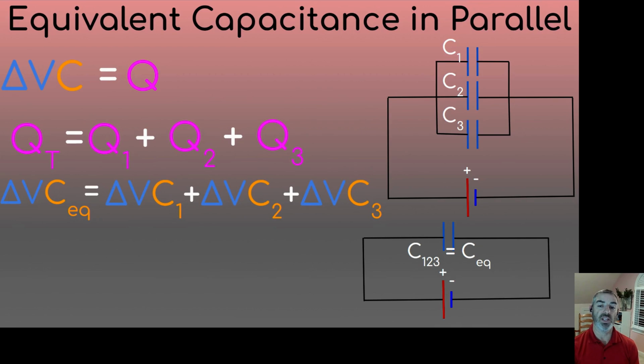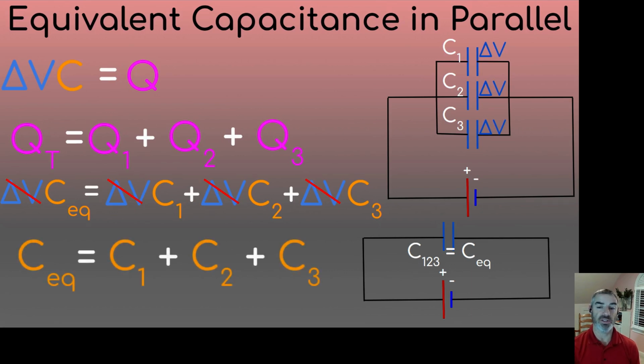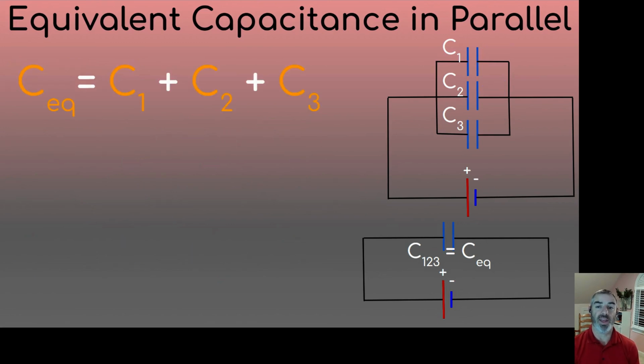And what we know is that each of those delta V's is going to be the same as the battery, so we can simplify that and we can cancel out all of the delta V's. So that leaves us with an equation of only capacitance. So the equivalent capacitance is equal to the sum of each of the individual capacitors. So we can simplify that: the capacitance equivalent in parallel is equal to the sum of the individual capacitors.